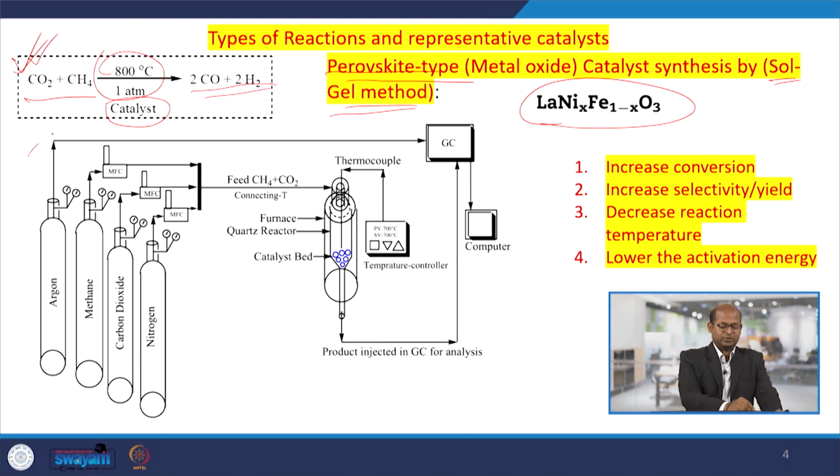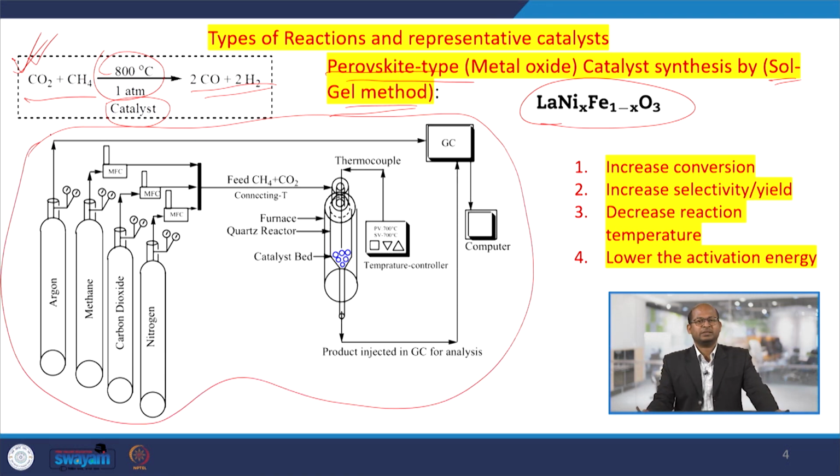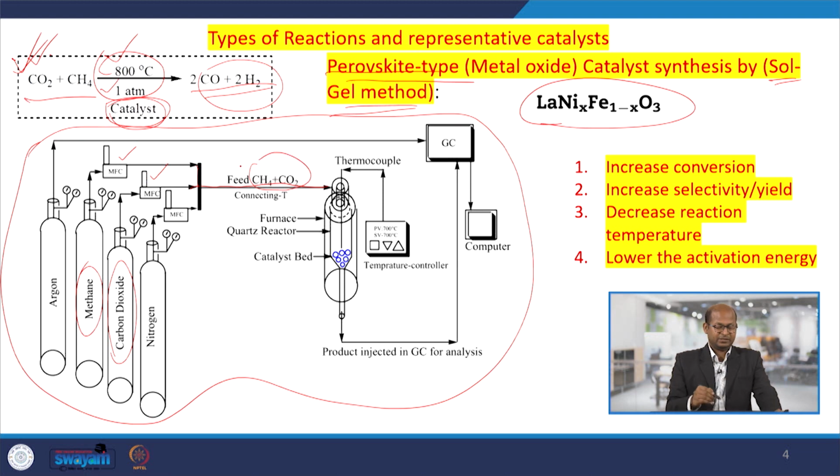For that we have to prepare an experimental setup. We have to conduct these reactions, take out the product from the reactor, place the catalyst, and maintain temperature and pressure. Here the starting materials, the reactants CO2 and methane, remain inside cylinders. Using an MFC we can maintain the flow, and they are injected through the feed lines.